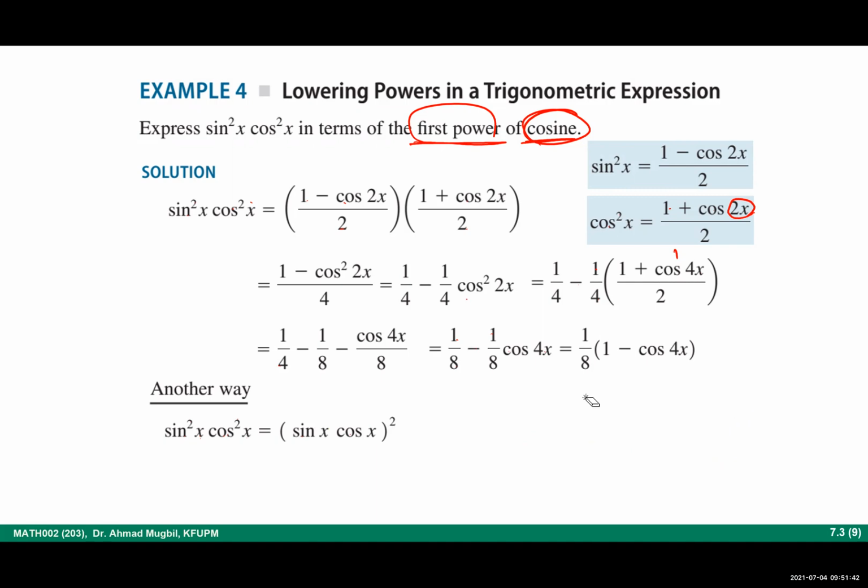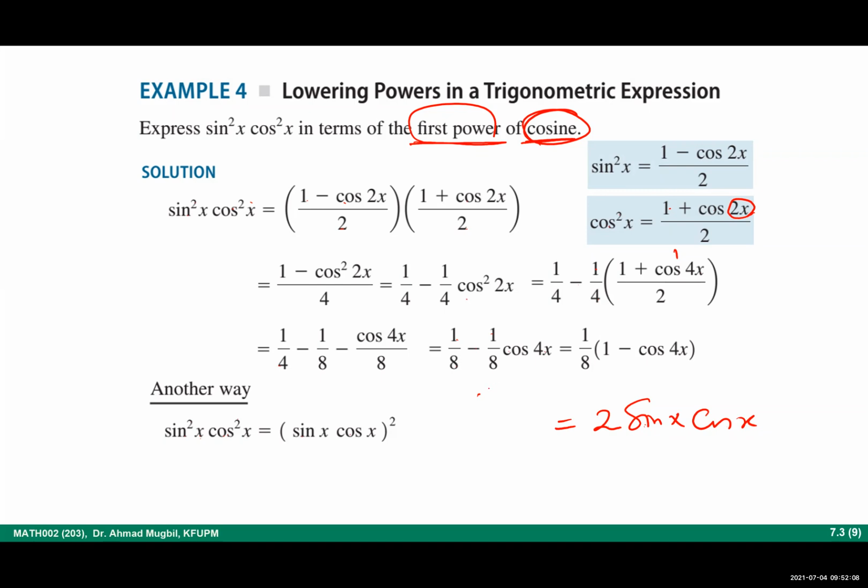Now, what is sine x cosine x, ya Shabab? I think you have seen this before. When we double it, 2 sine x cosine x, what is it? What is 2 sine x cosine x? Cosine double.